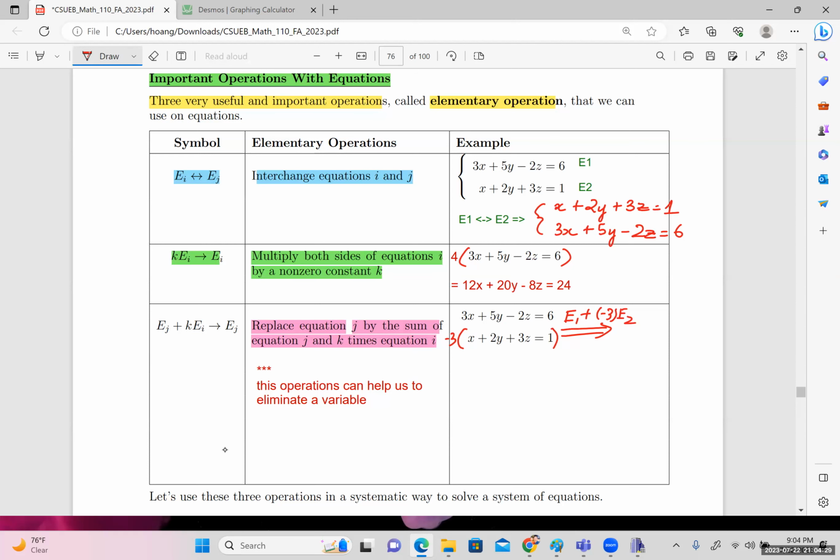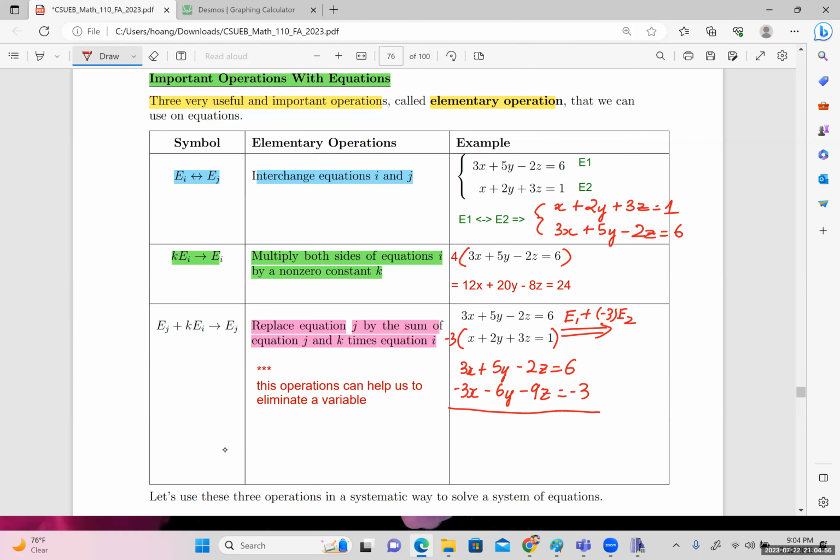So let's calculate that. We have 3x plus 5y minus 2z equals 6. And the second one is going to be negative 3x minus 6y minus 9z equal to negative 3, right?